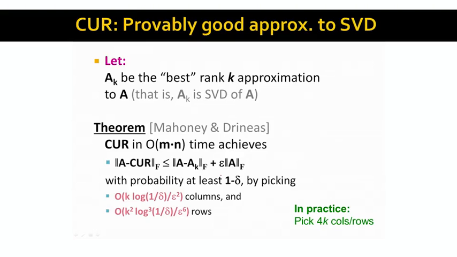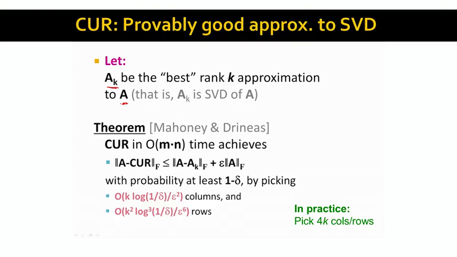Okay, so the question is, how does CUR correspond to SVD, and is CUR decomposition doing anything useful for us? So first, let's assume the following case. Let's assume that A sub k is the best k approximation to our input matrix A. We already know how to compute A sub k.